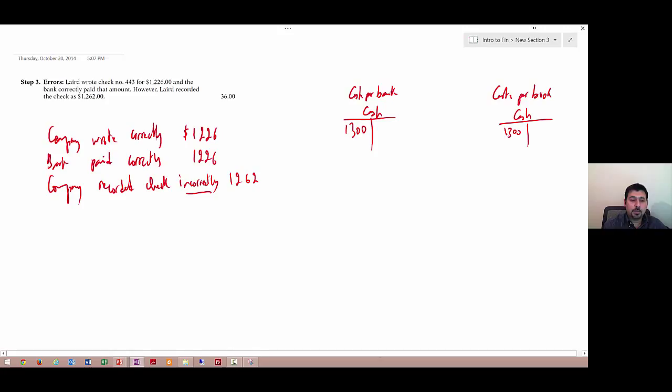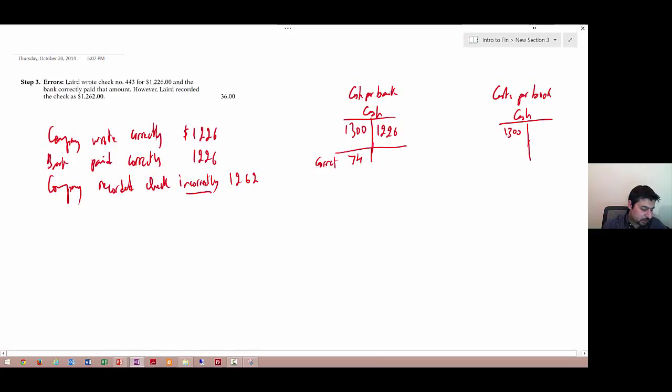Here the bank paid and recorded it correctly as 1,226, which means, according to the bank's balance, the amount was $74. So this is the ending balance of cash as per the bank's balance, and this is the correct amount.